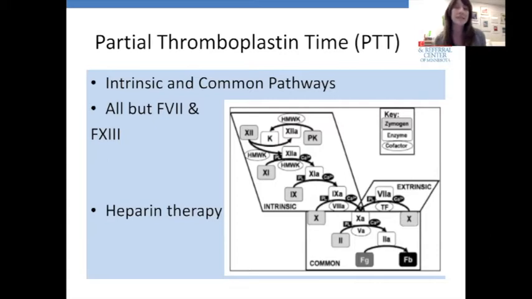And PTT is helpful in evaluating the intrinsic and common pathways. It evaluates basically all of the clotting factors except for factor 7 and 13. So it's a really important test that we utilize in clinical practice.